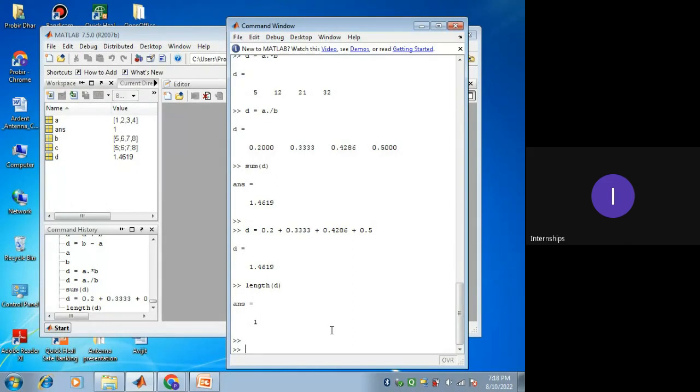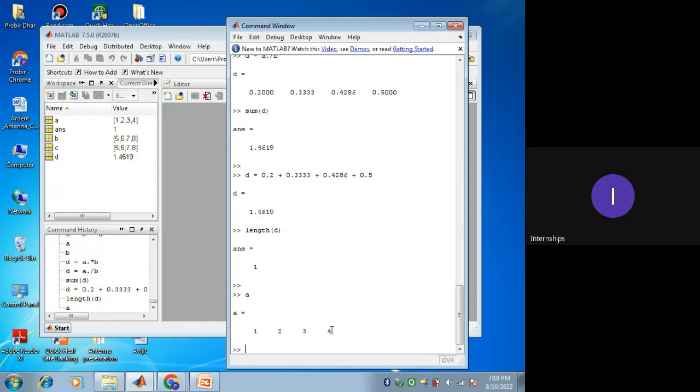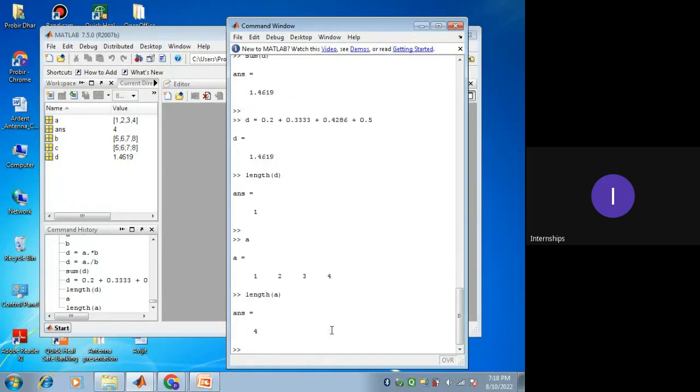I'm showing you A. How many terms are there? 4. Okay. Length of A will give me 4. So these are the different commands.